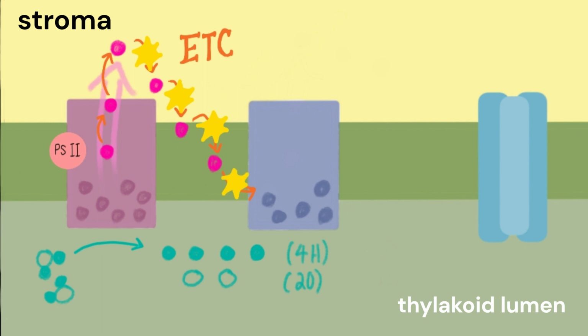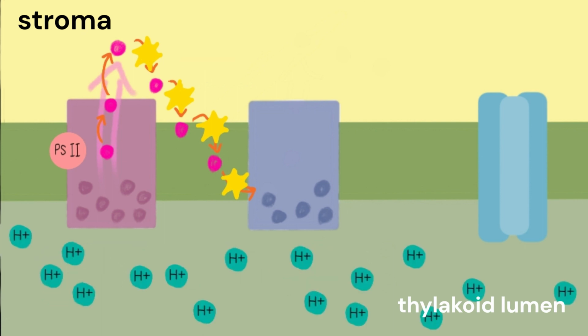But how is any of this related to the plant making energy? Well, as the electrons give off energy through the ETC, this energy is actually used to pump hydrogen ions across the thylakoid membrane and into the lumen. Yep, remember the hydrogen atoms we got from splitting water molecules? We will now use these atoms, called ions because of their positive charge, and push them down their concentration gradient.